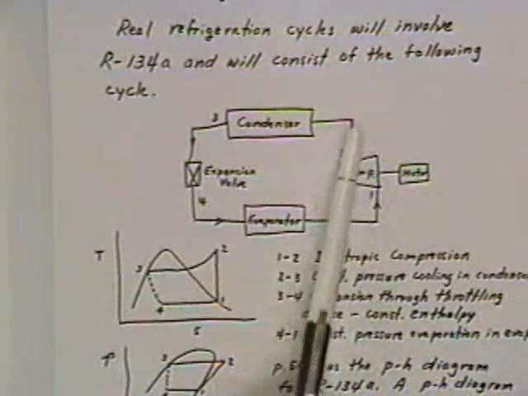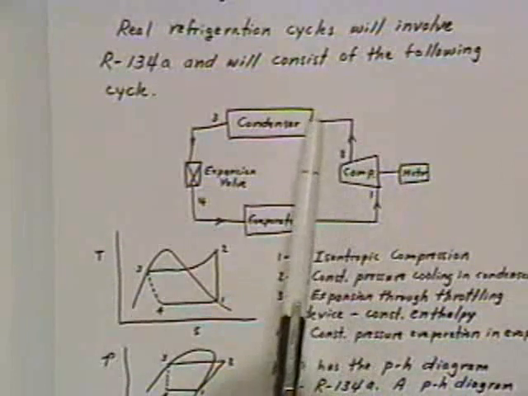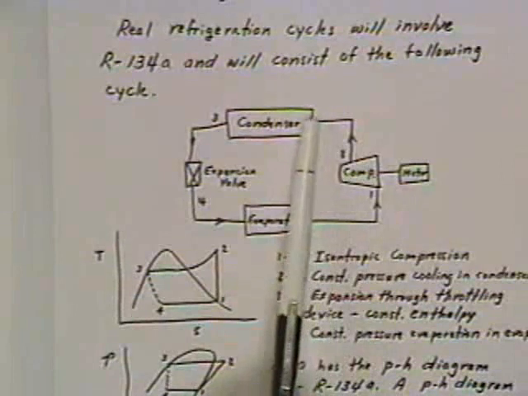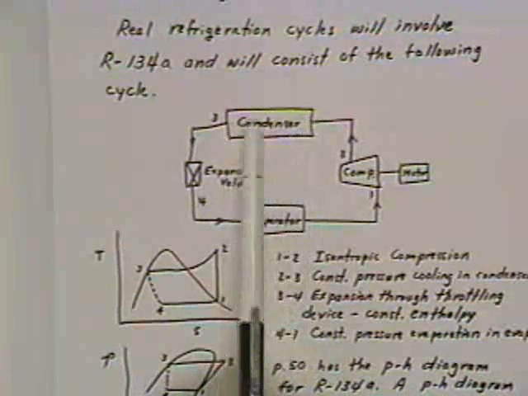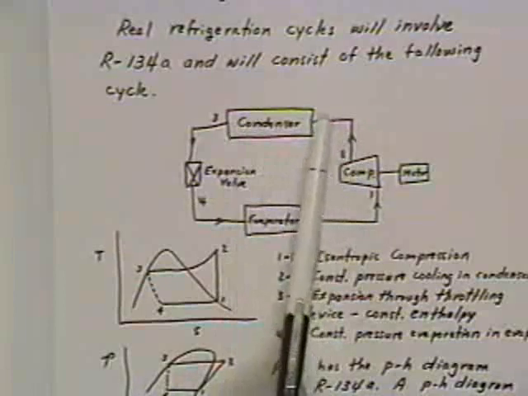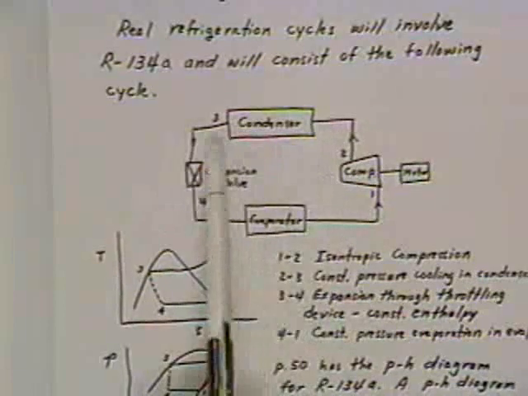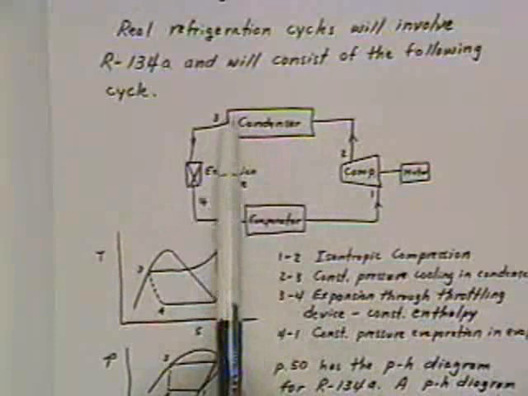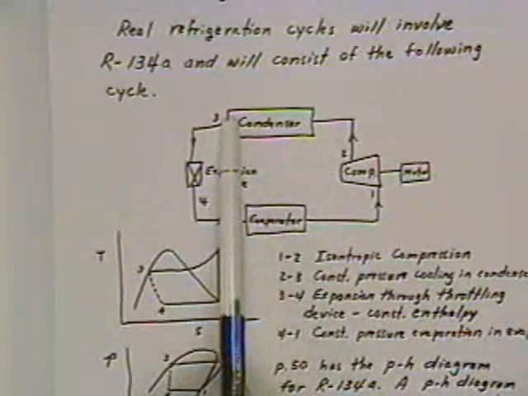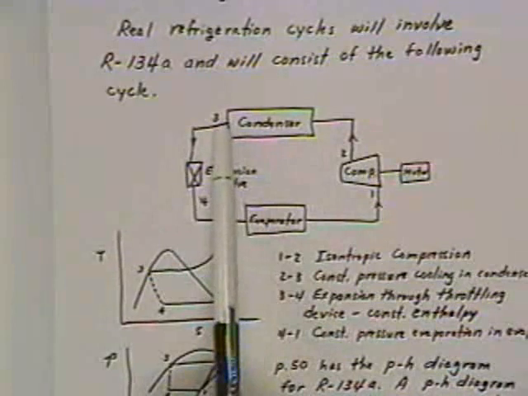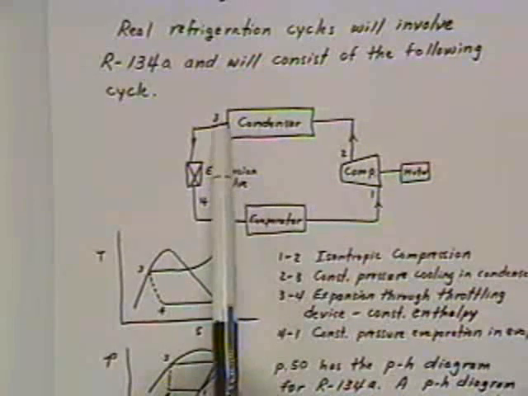The refrigerant leaves the compressor and enters the condenser, where it is condensed to a liquid, and the condenser operation is from 2 to 3. The refrigerant now is either a liquid or a saturated liquid, or in real life generally somewhat subcooled.